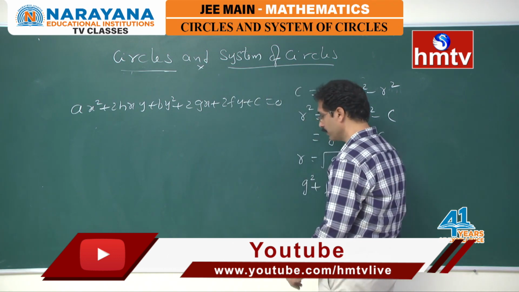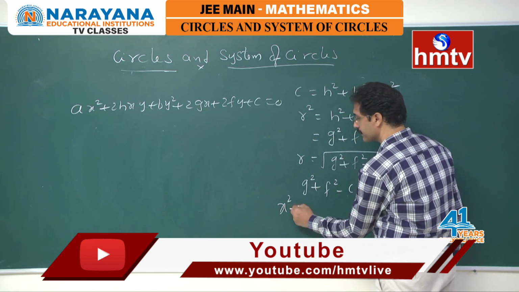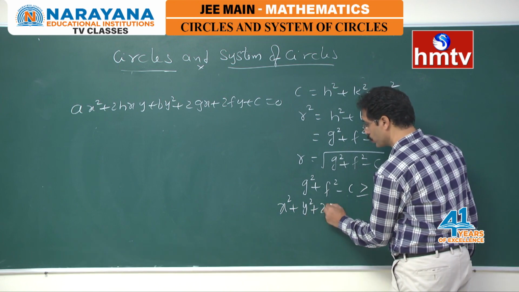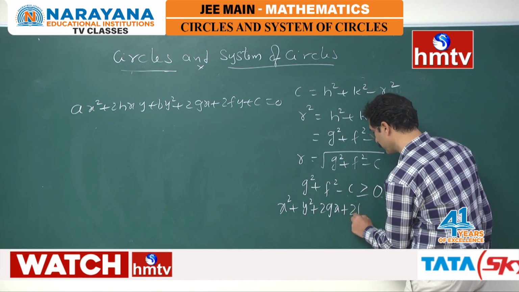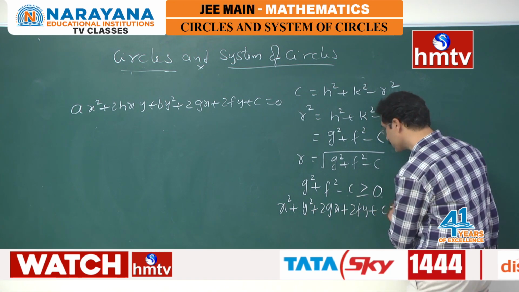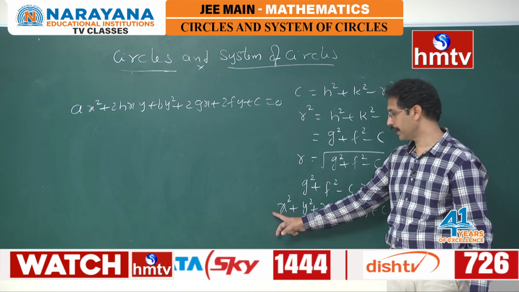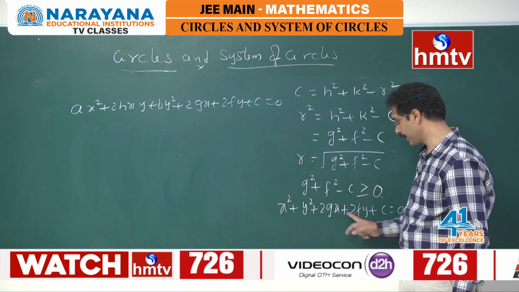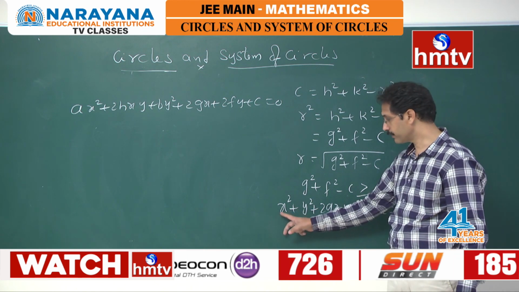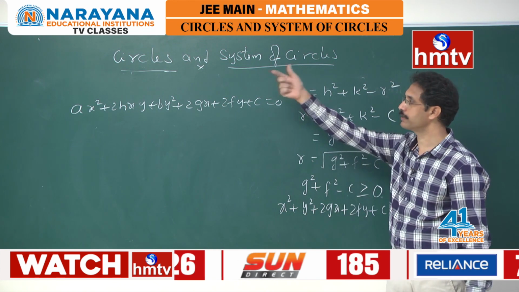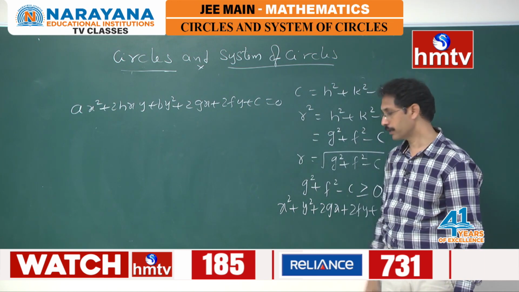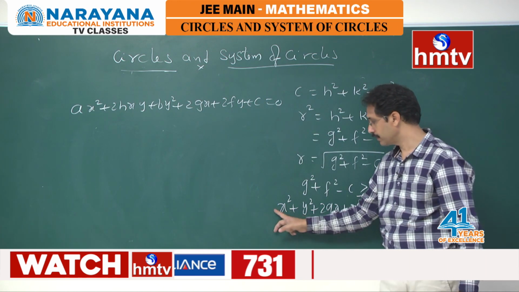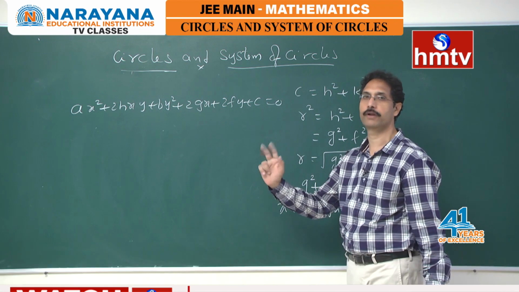Here we already observed our circle equation is x² + y² + 2gx + 2fy + c = 0. Just observe in this, the x² and y² coefficients are both equal, and there is no xy term over here. So, first of all, we have to impose those conditions in that equation. That means x² and y² coefficients must be equal.